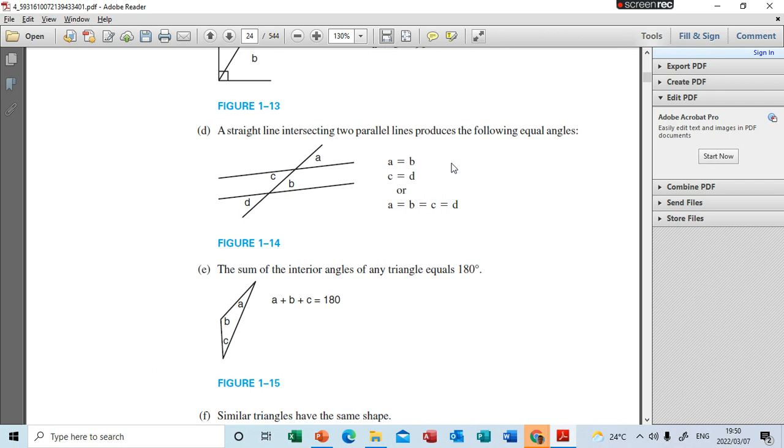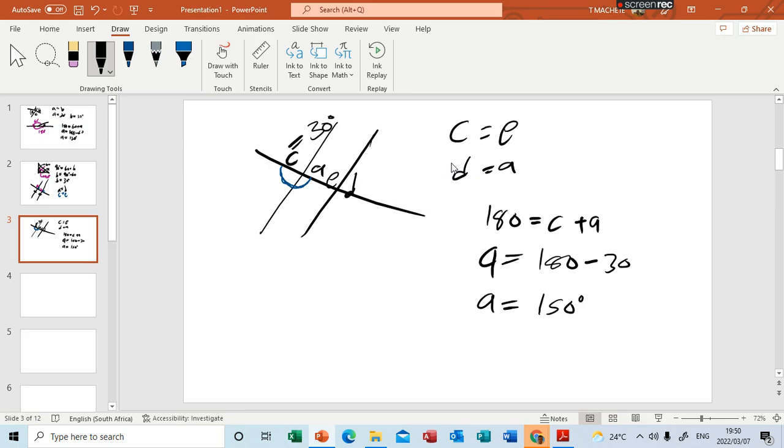Since you said A is equal to D, then it means D also is 150. And then, guys, look at this. There's another rule. I'm going to ask someone, what's this angle?